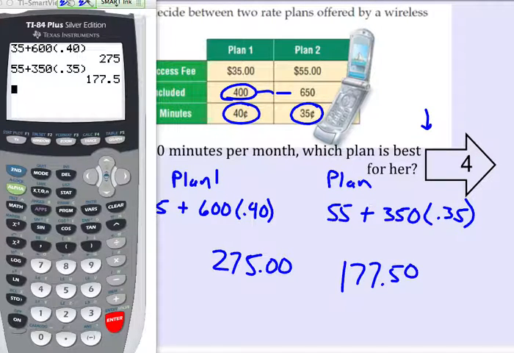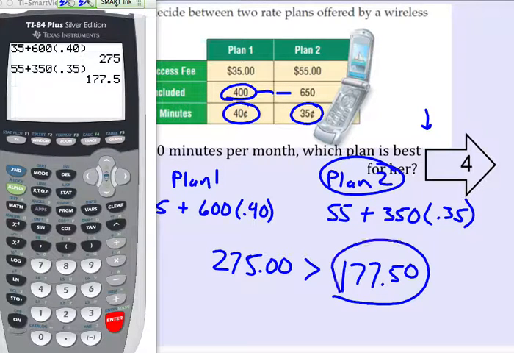So 275 is greater than 177.50, so I'd say greater than. If I was choosing a plan I was going to use 1,000 minutes, it would be definitely Plan 2 would be cheaper. Now most of our phones and rates are different than this now, but this is kind of what it was back in the day when cell phones first came out.